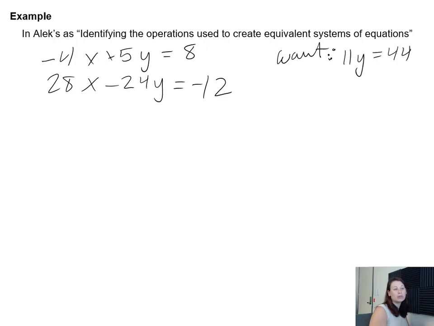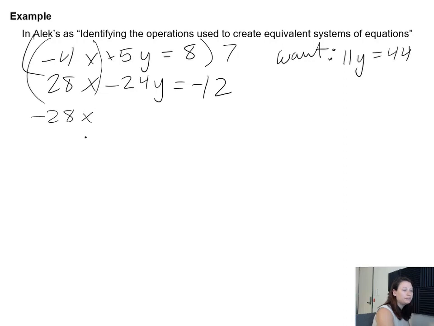So that means we want to get rid of the x's. So negative 4 to 28, that's a 7 difference. So multiply this first equation by 7. So that gives us negative 28x plus 35y is equal to, what's 8 times 7?